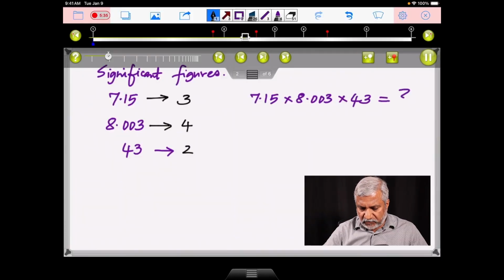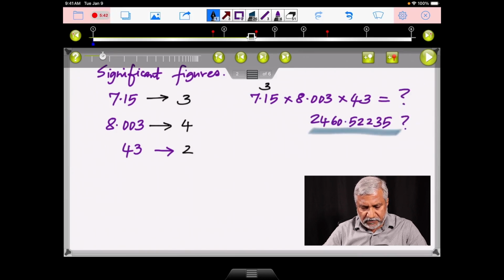So if you multiply these three numbers and put it into a calculator, this is what you get. But you cannot put the answer that way. That's not correct. You have to look at the lowest number of sig figs, which is 3 in the first, 4 in the second, 2 in the third.